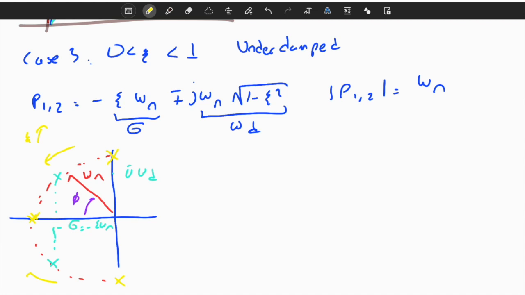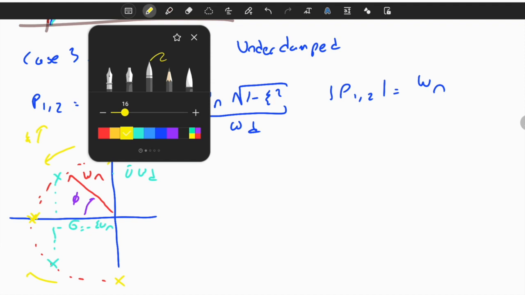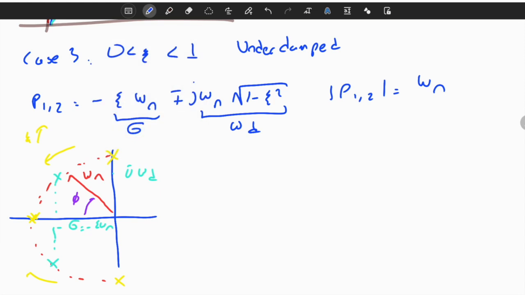Now let's try to find the response of the system. Since we have two complex conjugate roots and a constant input, because it's a step input, if we find the general solution, y of t will look like this: some constant plus c1 e to the power minus sigma t times cosine omega dt, plus c2 e to the power minus sigma t sine omega dt, if you remember from your differential equation knowledge.